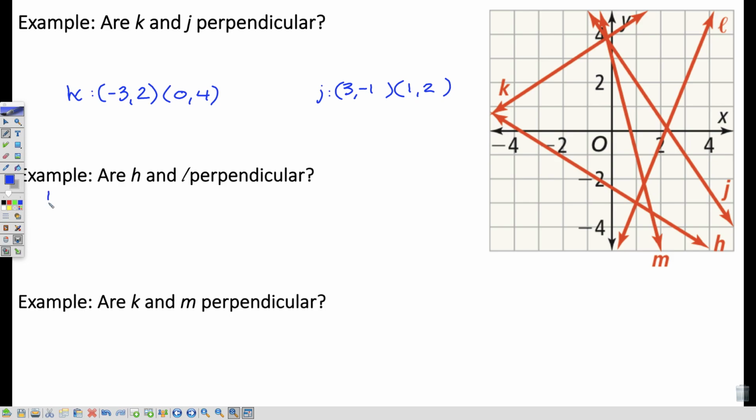H and L. H would be negative 2 and -1? Probably not. 1, negative 3. No. Close. That looks like it's on the line. I go with 1, negative 3.